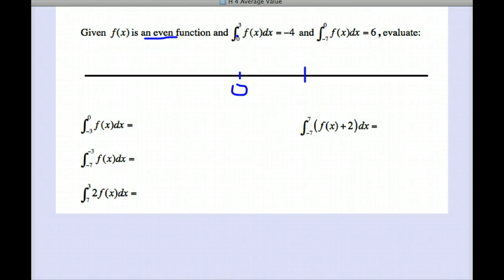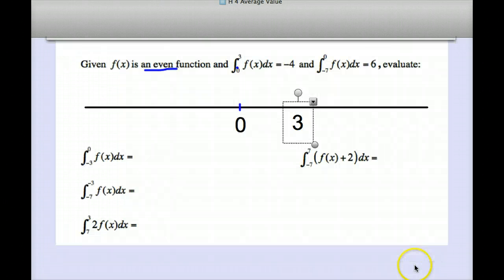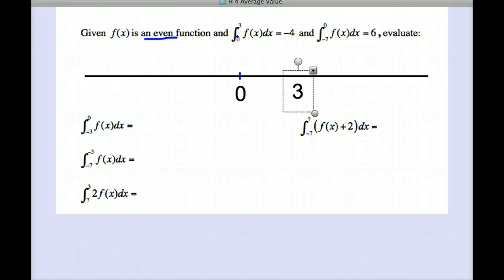I'm going to type these out for you guys. If I go from 0 to 3, and let's say here's my 0, and here's my 3, this is telling me that from here to here, I have to be at -4, right?